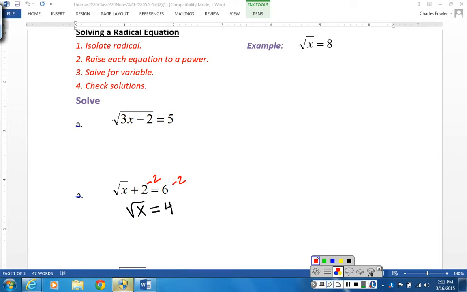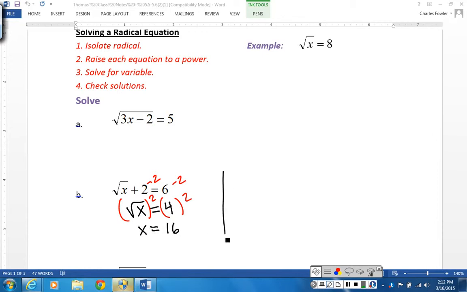So when we square this side and square this side, again, squaring and the square root symbol are inverses of each other. Knocks that out. We just have what's under the radical left. x equals 4 squared, which is 16.